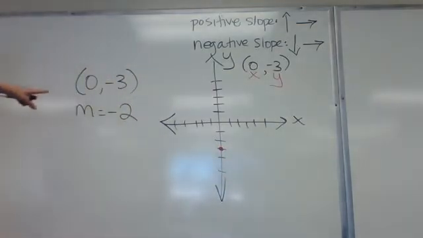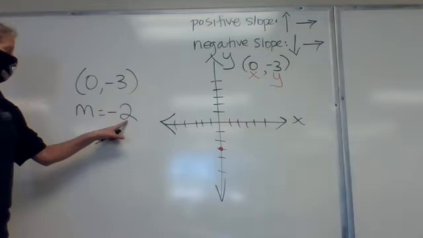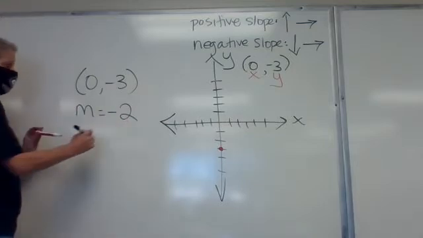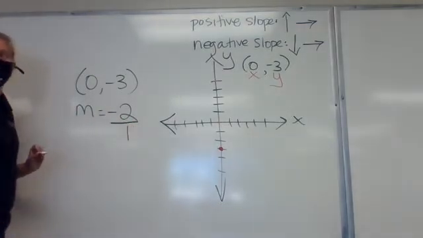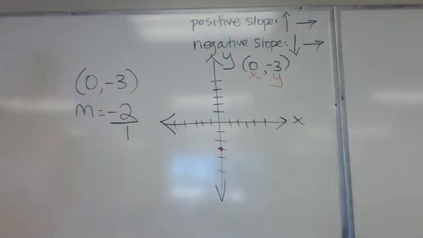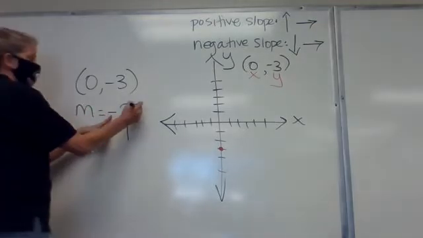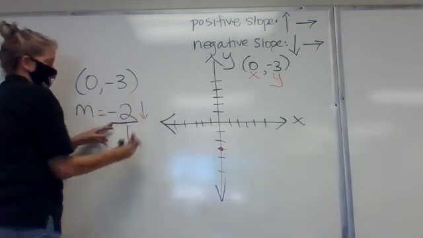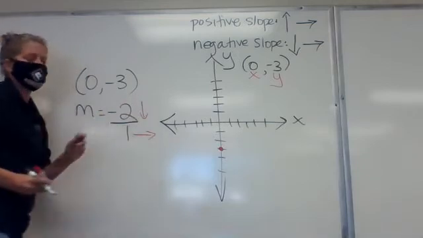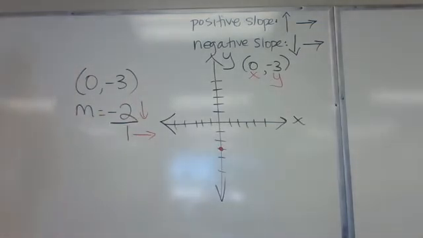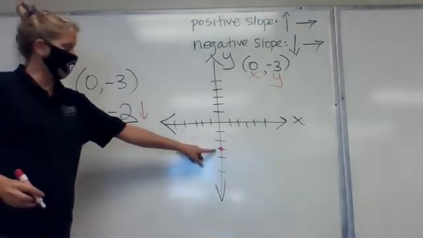And then you've got to plot another point. Now, what's the slope? Since it's a whole number, you think of it as a fraction. That's your slope, right? If it's a slope, you want to see a rise and a run. So you're going to go down and over. Because this is negative, I'll go down and right, starting from this point.